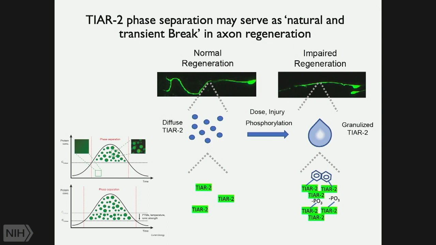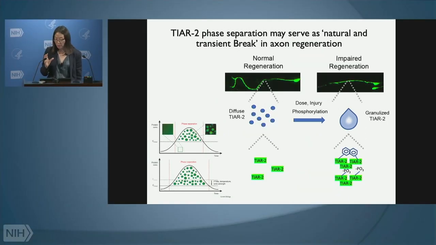So we came up with this model that in axons, TIAR-2 proteins are always there, and they undergo a very dynamic liquid-liquid phase separation, which can be modulated by ion balance and injury-induced changes, as well as phosphorylation. The temporal granule formation might be a stage that samples the injury signal and somehow spreads that signal into the entire axon.